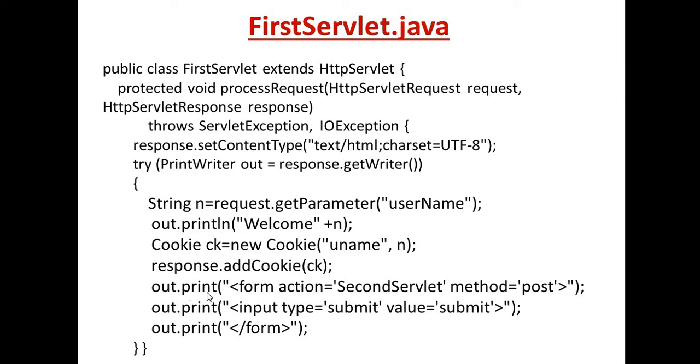Whenever we are running the first servlet page, we need to visit the second servlet page, right? So we'll have to add one button here, so form action equal to second servlet, that means we are visiting the second servlet page. So we'll have to add this link here, the second servlet, then we'll have the button, and then we are closing the form. So this is all about your first servlet page.